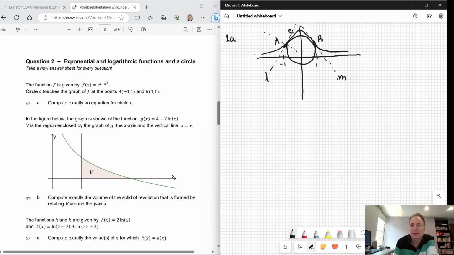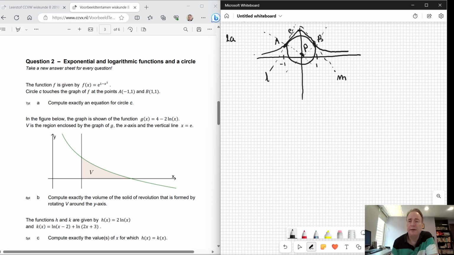So here, say you have the radius, and here the radius, and then the circle center is here. Let's call that P. And then the center of the circle will be the intersection of these two radii.